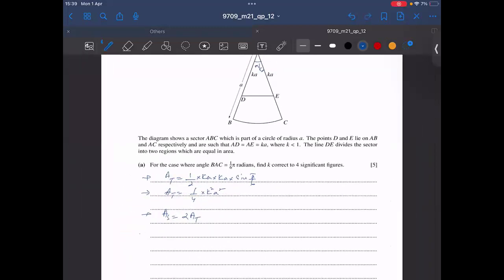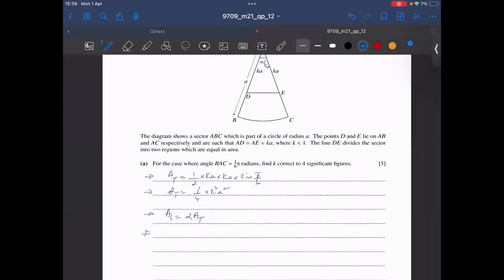Because these two areas are equal, the area of sector is basically 2 times the triangle.